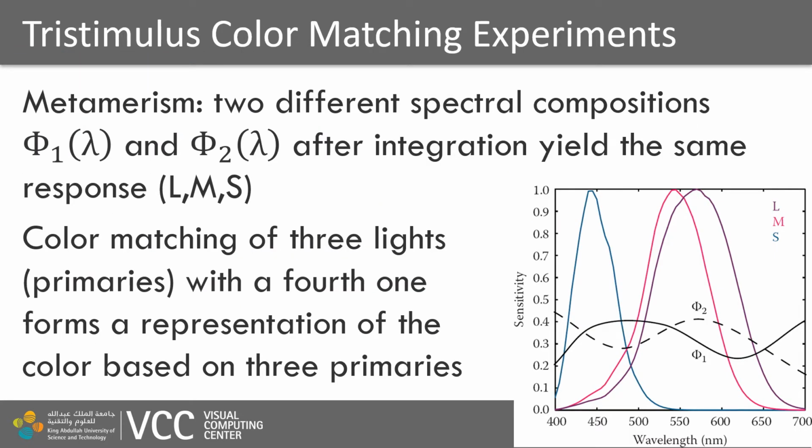And when we were talking about different stimuli, we can see this clearly in this example here. We have two stimuli, two profiles of wavelength distributions in some light or some reflected light. And we can see that the multiplication of phi 1 with the cone S, integrated over the various wavelengths, will lead to the same number as with phi 2.